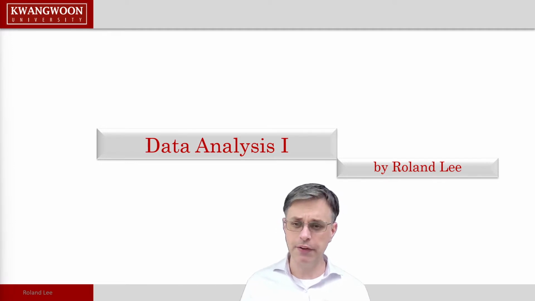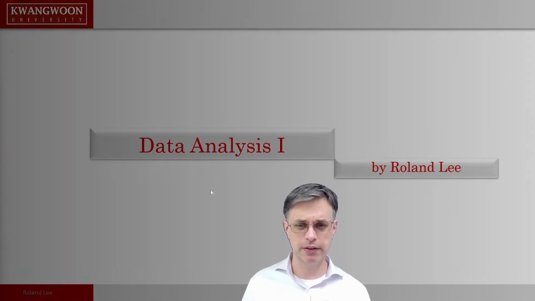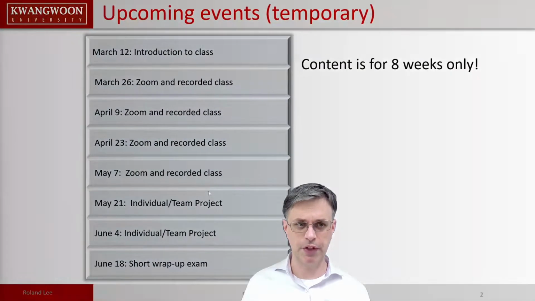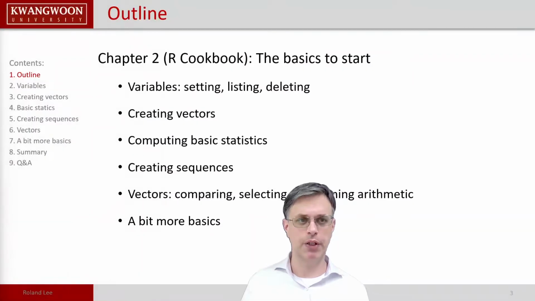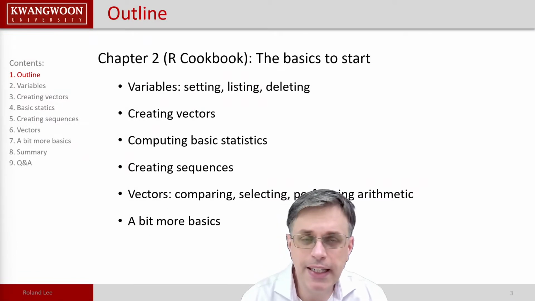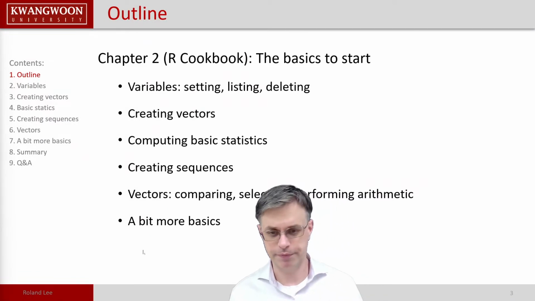All right, so that's what we were doing. And from here, the next topic is some basics about R. So here we go, and let's see what these basics are.